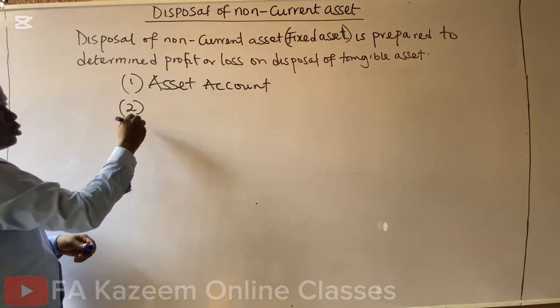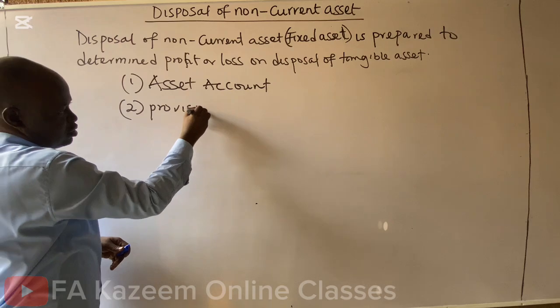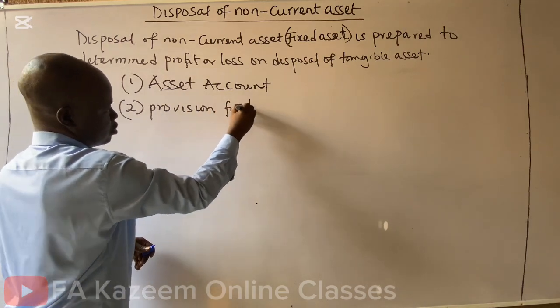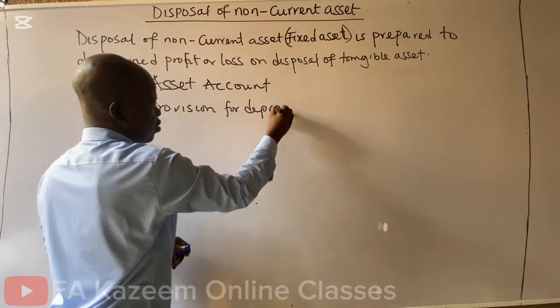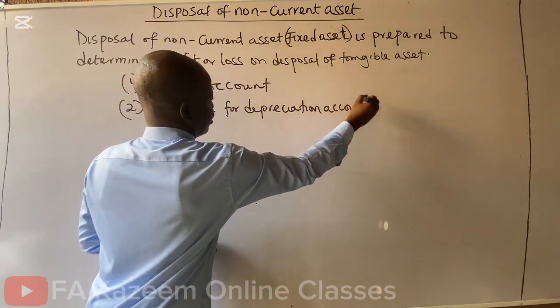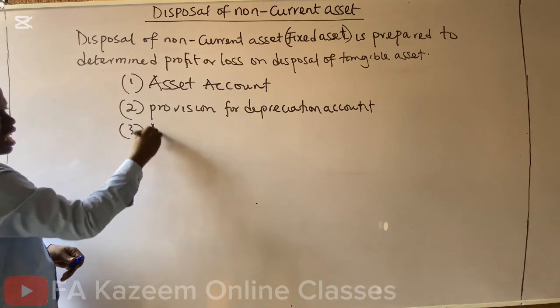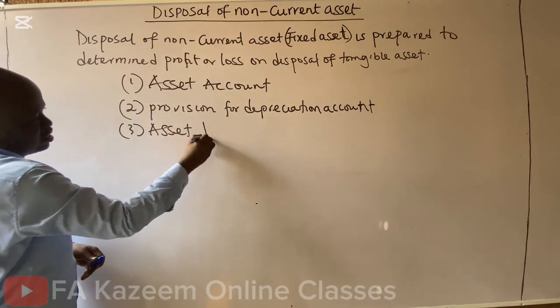Two, we'll prepare provision for depreciation account. Three, we'll prepare asset disposal account.